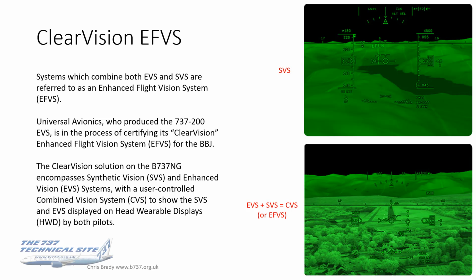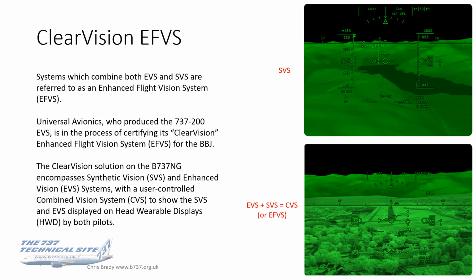I know some people or some agencies say EFVS is simply EVS on a head-up display. I don't go with that. Certainly the sources I've seen say it's the combination of EVS and SVS that is required to have a true EFVS. Anyway, whatever it is, as long as we all know what we're talking about, this is it.